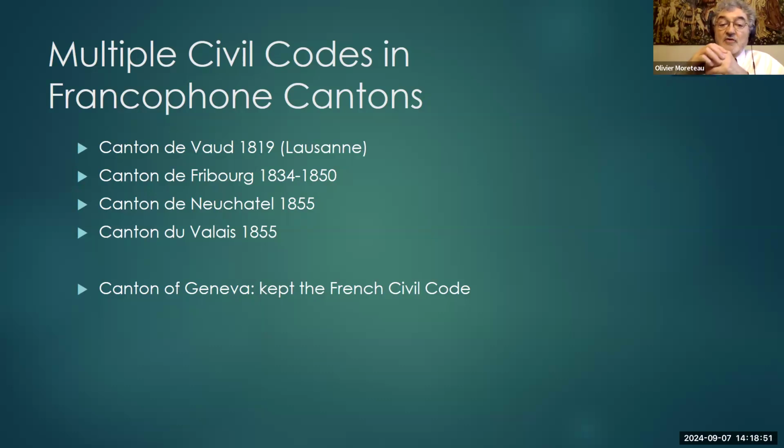Then you had Fribourg between 1834 and 1850, Neuchâtel, and the Canton du Valais in 1855. The Canton of Geneva tried to adopt a civil code, but attempts did not reach the expected outcome. And until the day when Switzerland adopted a federal code for the entire state, Geneva kept the French Civil Code.